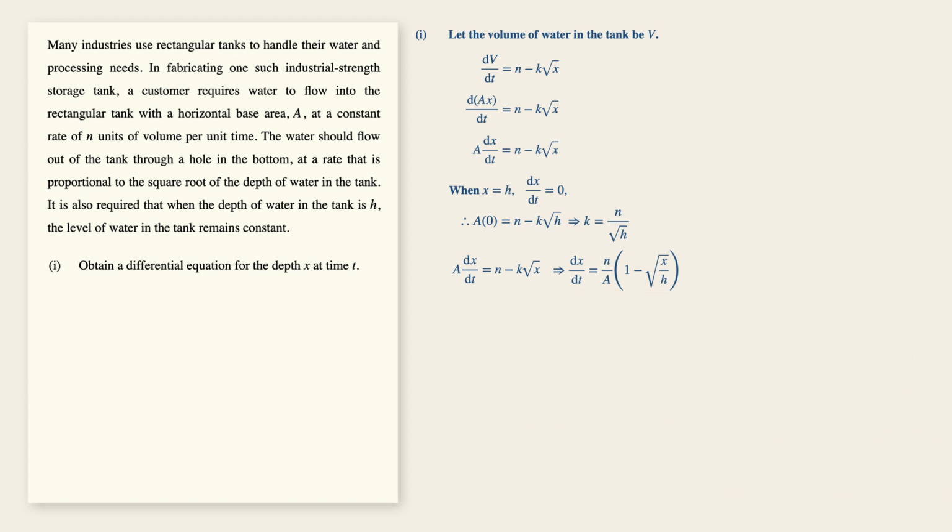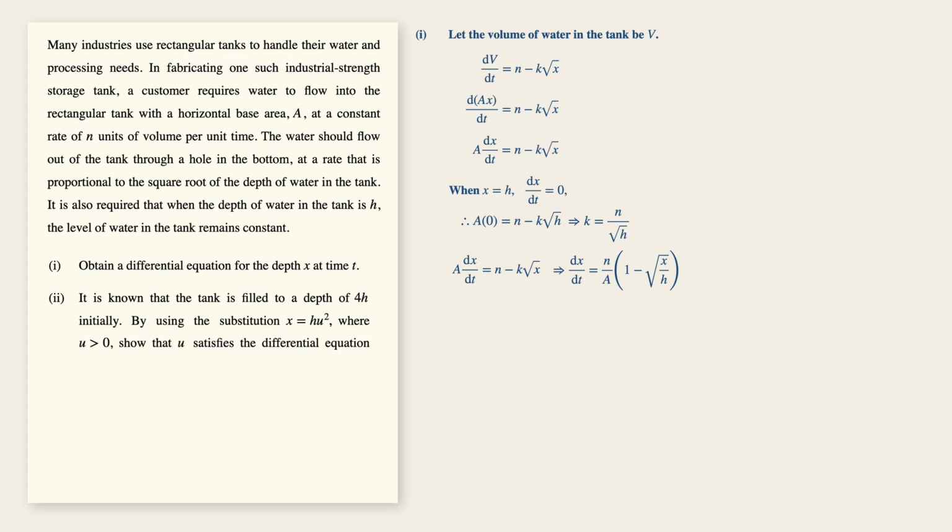Now for part 2, it is known that the tank is filled to a depth of 4h initially. By using the substitution x equals hu squared, show that u satisfies this differential equation. In such scenarios where the technique of substitution is used in a differential equation question, always first differentiate the given substitution as step 1, which is in this case 2hu multiplied by du/dt.